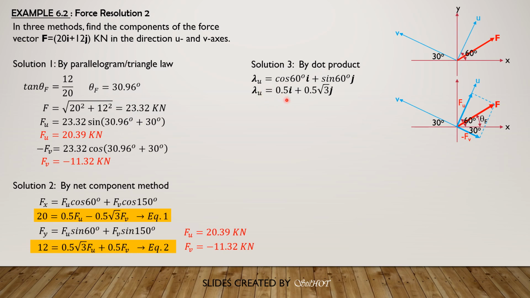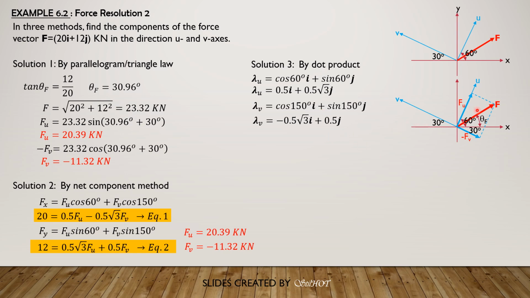So simplifying, lambda u is 0.5 i plus 0.5 square root of 3 j. And lambda v is cosine 150 degrees i plus sine 150 degrees j. Simplifying, that's negative 0.5 square root of 3 i plus 0.5 j.